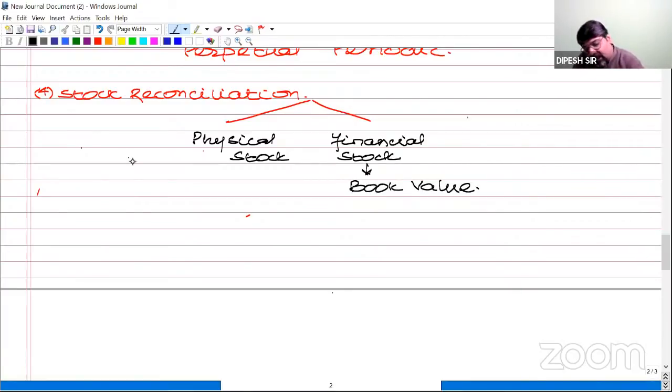Remember these notes. What are these notes?